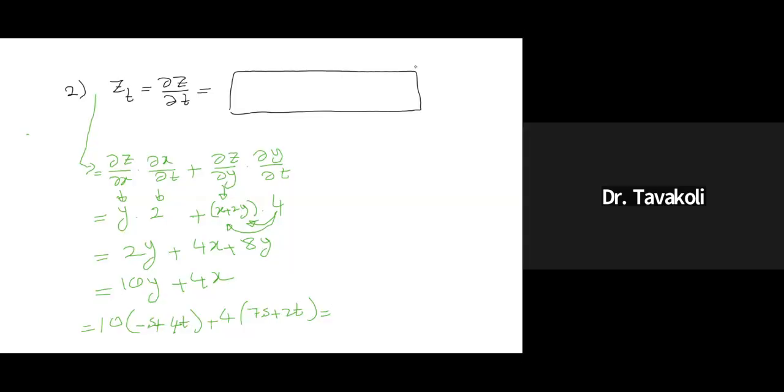After distributing the numbers over the parentheses and combining like terms, at the end, what we get is 18s plus 48t. So that's the final answer here, 18s plus 48t.